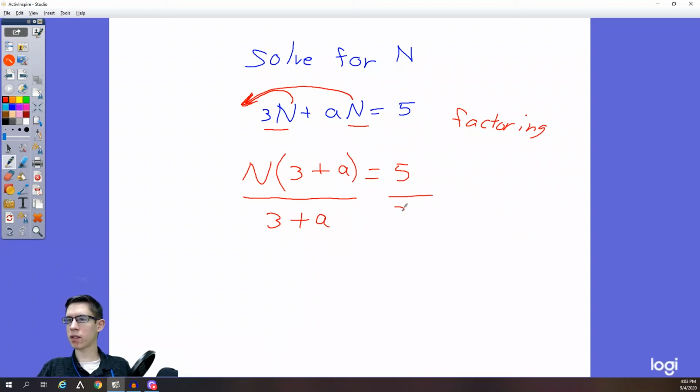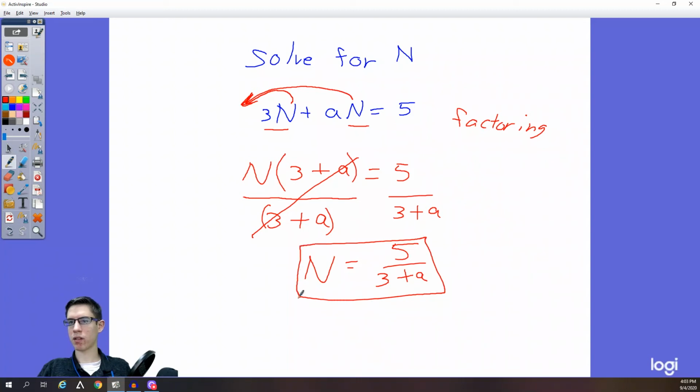And this is a unique situation where I am dividing a package by that same package, right? This entire thing is dividing out, and that allows me to cancel on the left, and capital N is going to be equal to 5 over 3 plus a as our solution, whatever that ends up being, okay?